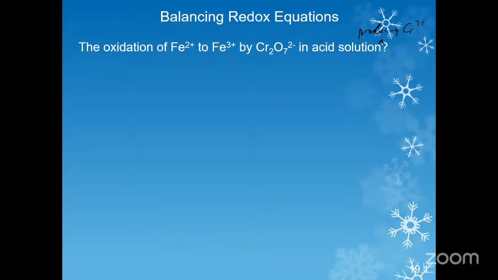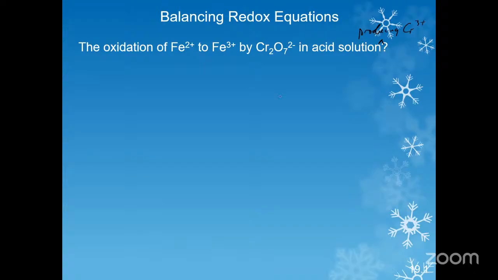So one of them is a reactant. Which one of those? A reactant would be Fe2+. Exactly. The Fe2+ would be one reactant, and there's another one based on Cr2O7, the dichromate, right?